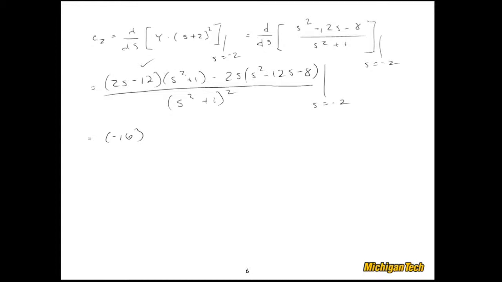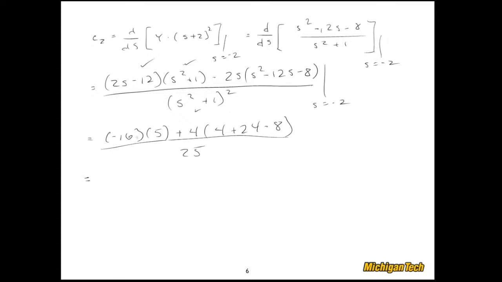So we'll have a minus 16. That's this term multiplied by this thing, which is going to be 5, s squared plus 1. Minus 2 times s, so that's going to be plus 4. Then we'll get a 4 plus 24 minus 8. All divided by (s squared plus 1) squared. So for this, we'd get 25.